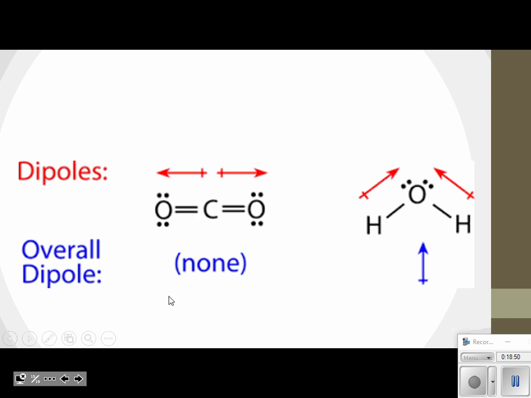But the overall polarity cancels. Not the case here. We see the dipoles here. The electrons are being pulled to the oxygen, so the net polarity is this lower part of the water is going to be partially positive, and this higher part's going to be partially negative.